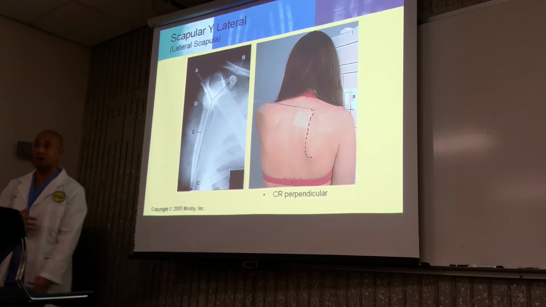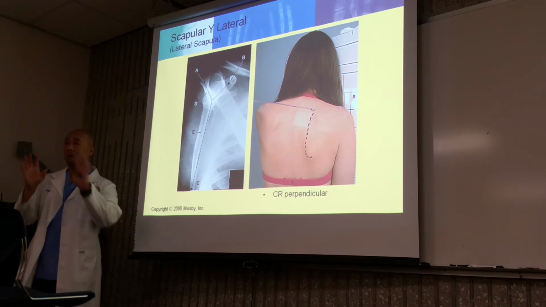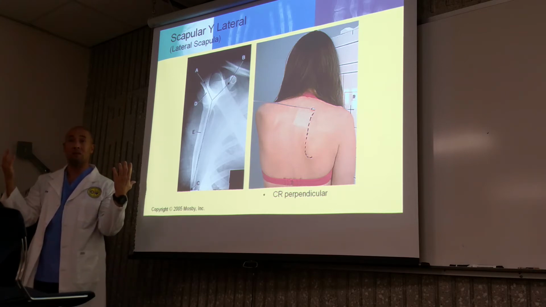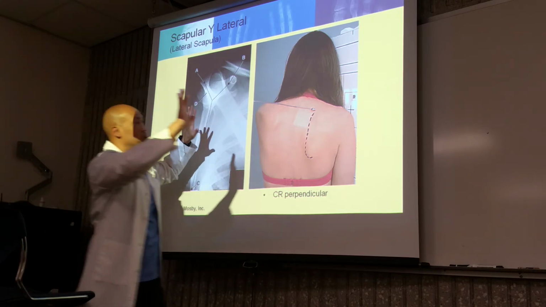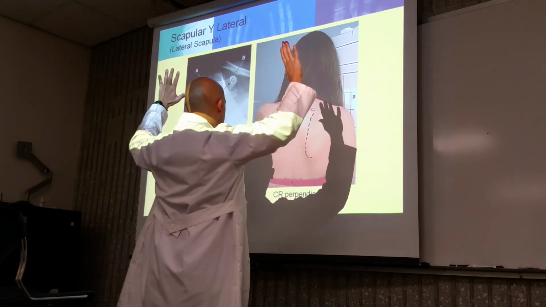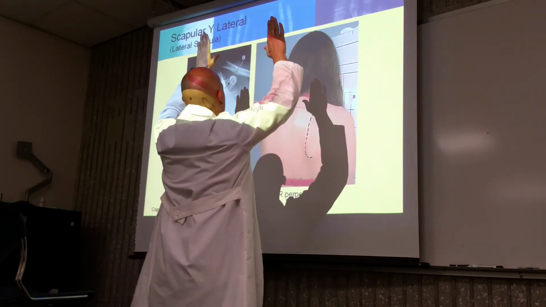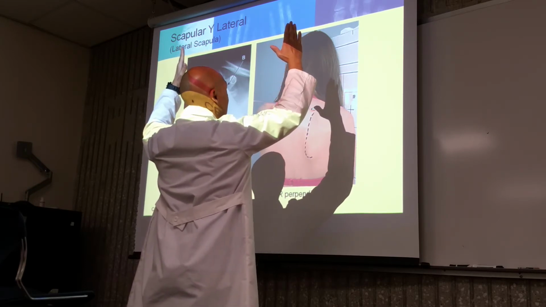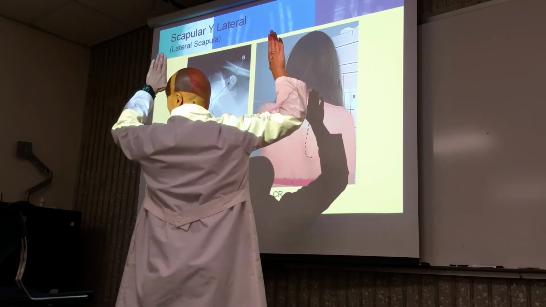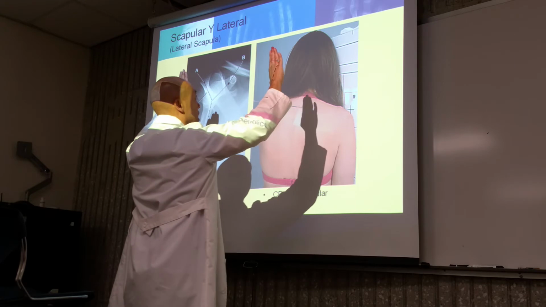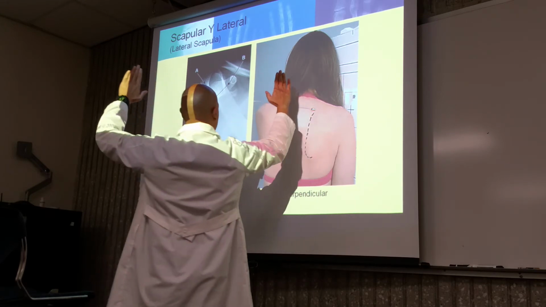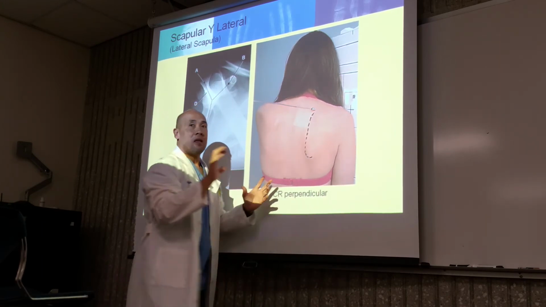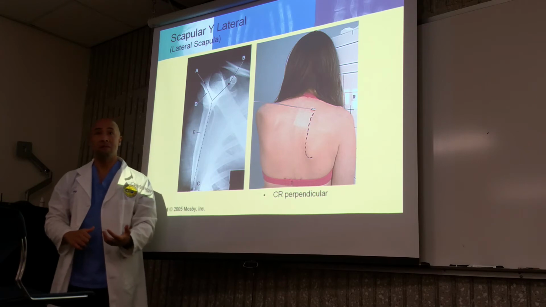The lateral is a very difficult projection view to acquire because of the body habitus. The position of your scapula changes with the habitus of the individual. So you're thinking your scapula should be plain and flat on your back, right? So the larger you are, the more angled your scapula is. The smaller you are in body habitus, the more straight and flat the scapula becomes. So when you're trying to rotate your patient to get the scapula in a true lateral projection, the rotation depends on the body habitus.